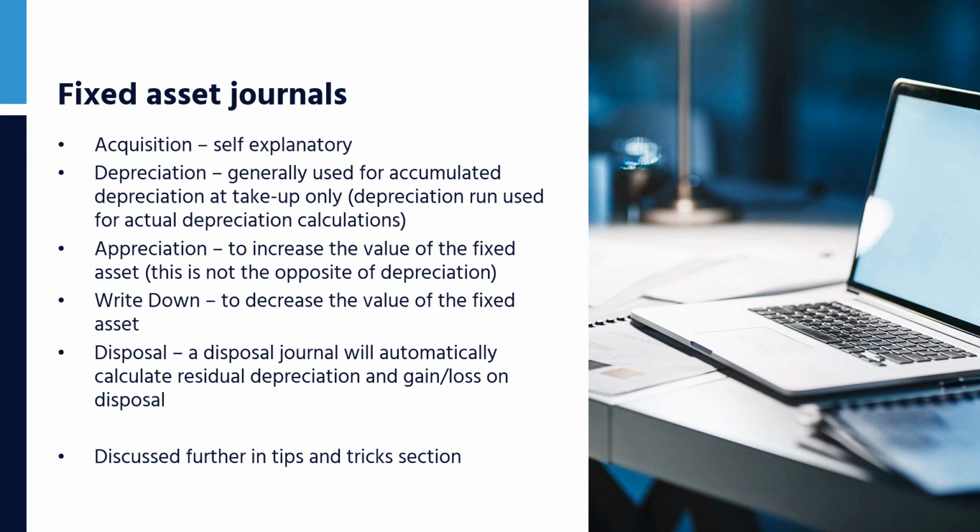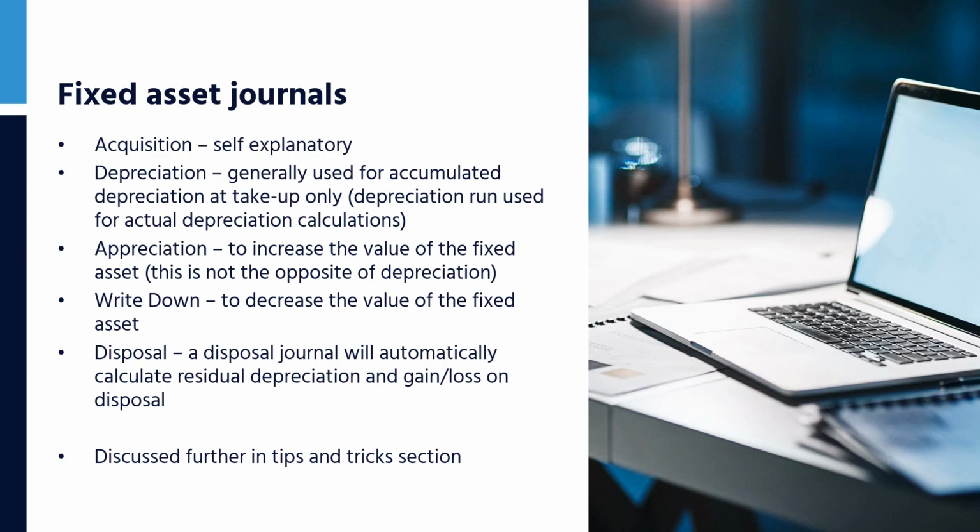So if we're disposing an asset today, it was last depreciated up to the 31st of January. So rather than having to go and manually fiddle with the depreciation on this asset, once we put our journal in dated today, it's going to calculate that residual depreciation for the 7 days of February and also calculate the gain or loss on disposal, taking that amount into account as well. We'll work through an example of that in a moment.